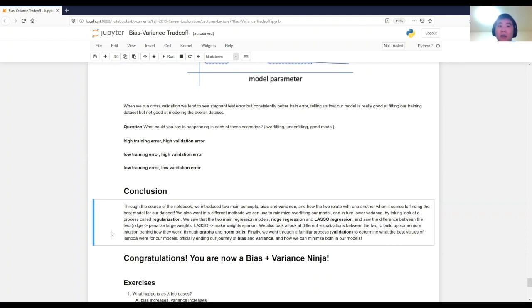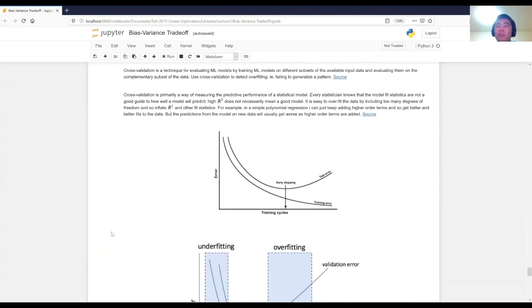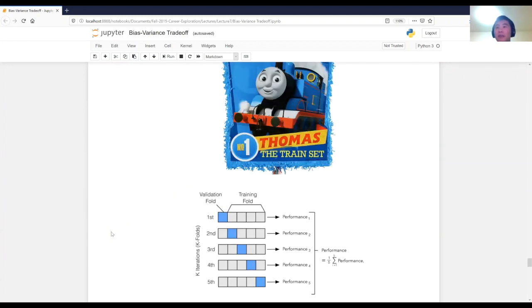Regularization is a way to tackle high variance. And the two forms of regularization we looked at are ridge regression and lasso regression. And we also learned about splitting the data into training sets, validation sets, and test sets.